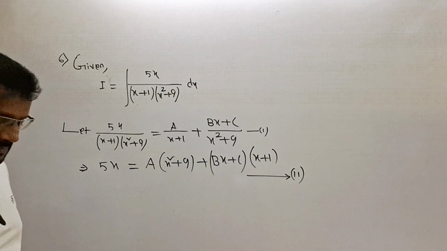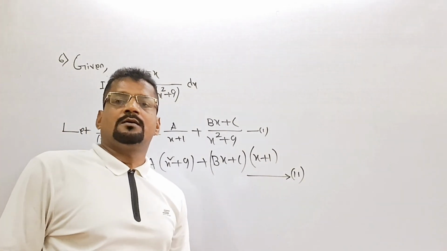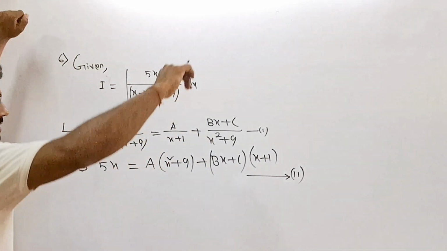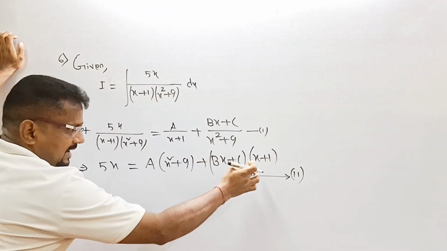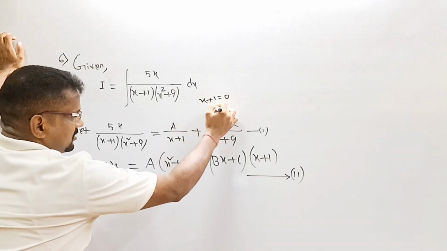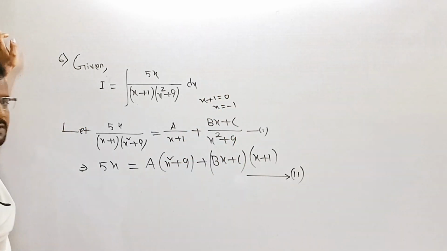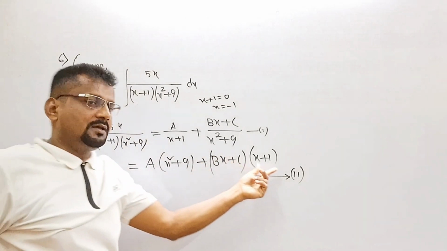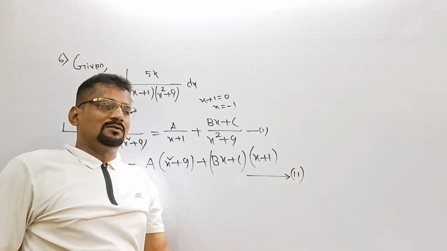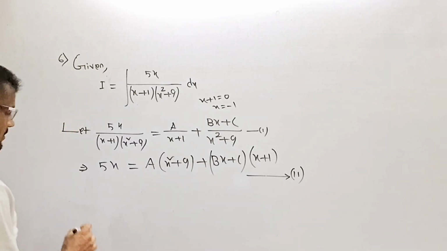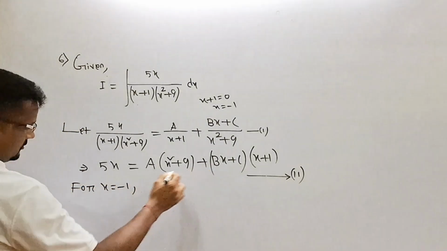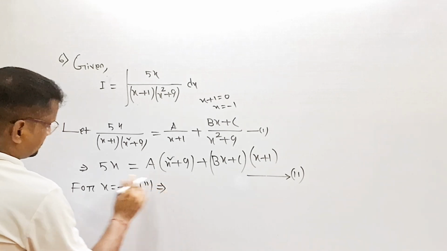Now our aim is to find out the values of a, b, c, where a, b, c are any numbers. For that, the easiest way: if I take x plus 1 equal to 0, then x equals negative 1. That's why we will take x equal to negative 1 in equation 2.